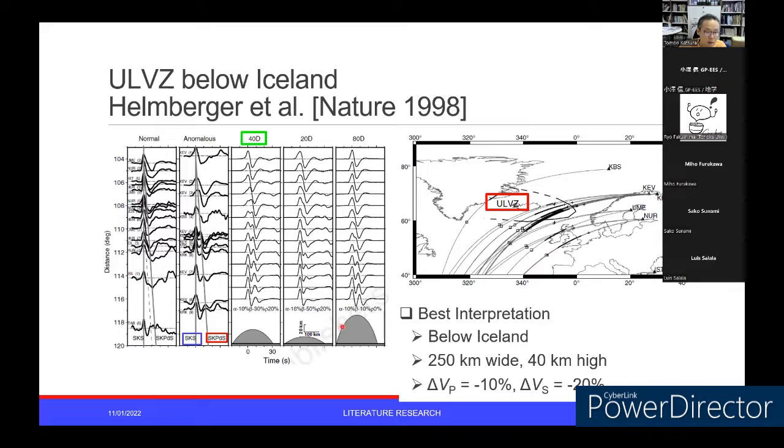So they analyzed this post-cursor in more detail, and conducted simulation of the low velocity structure beneath Iceland. And their simulation implied that there is an ultra low velocity zone below Iceland, which seems 250 kilometers wide, 40 kilometers thick, and P velocity reduction is minus 10%, and S wave reduction is minus 20%.